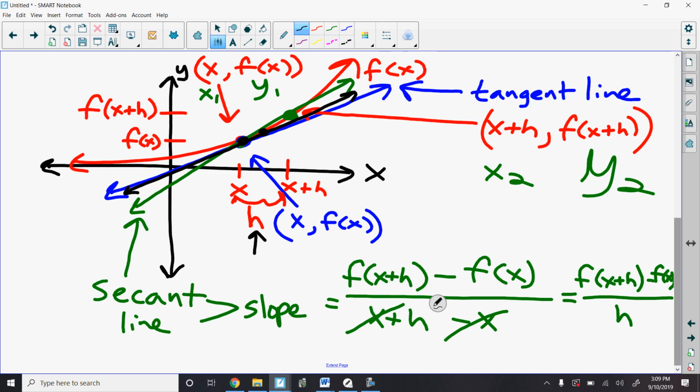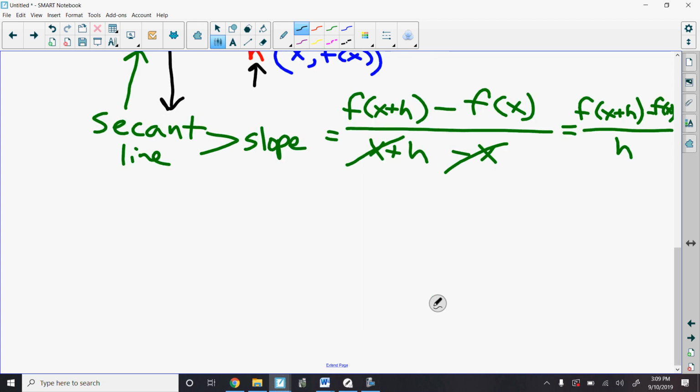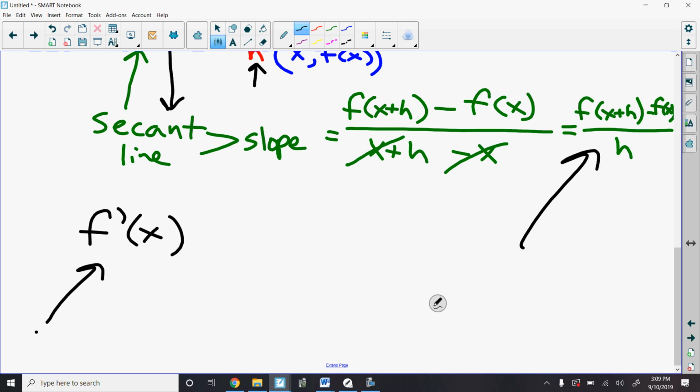Well, how in calculus do we shrink things down to 0? We use limits. So here's where the limit definition comes in. I'm going to use this slope, but I'm going to shrink the distance between those points down to 0. So first off, derivative notation right here. F prime of x means the derivative of f of x.